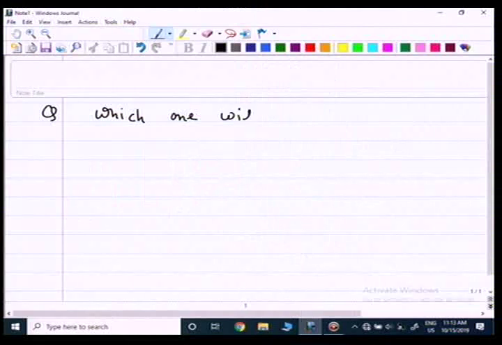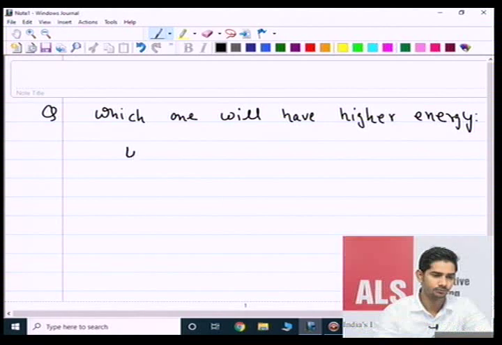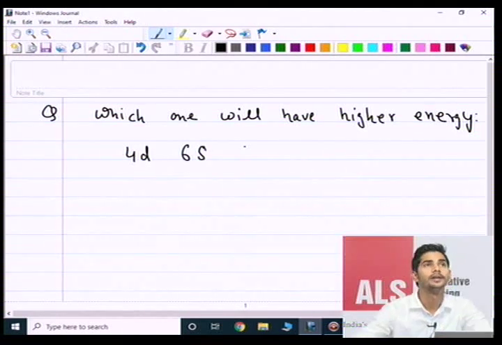Okay. Tell me, the question is, which one will have the higher energy? 4D versus 6S. Tell me, which one will have the higher energy?